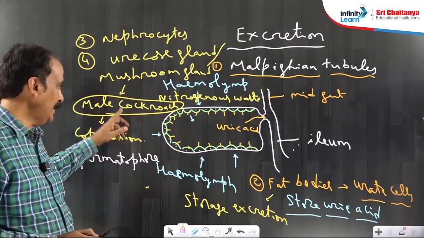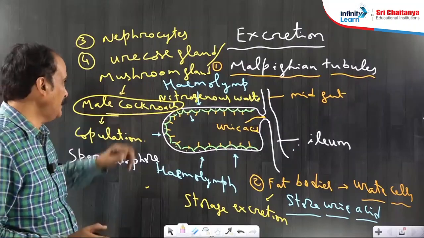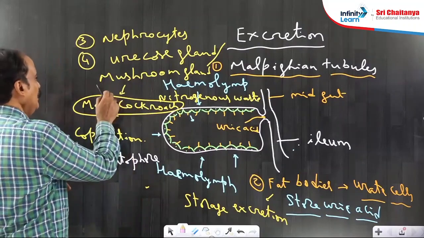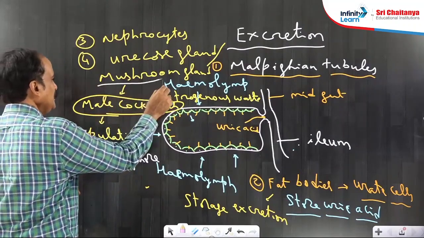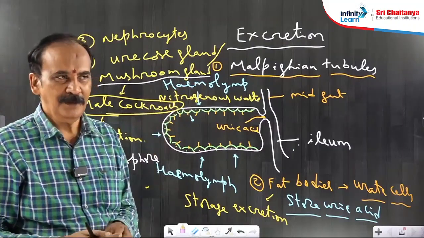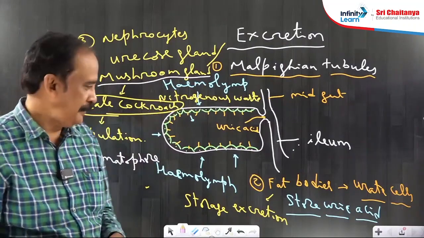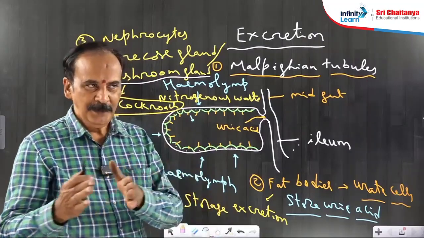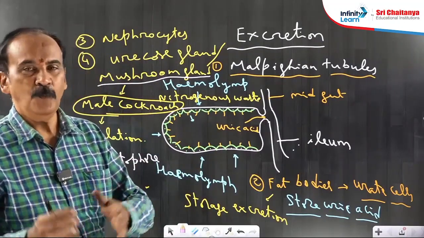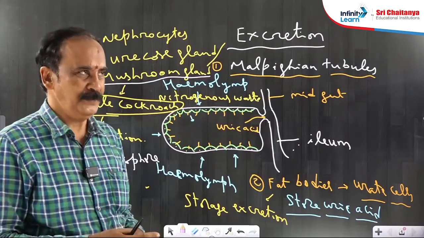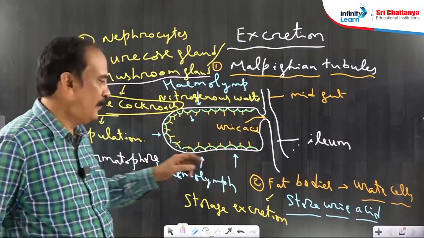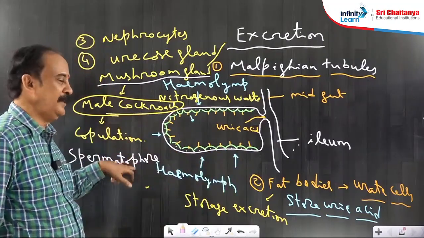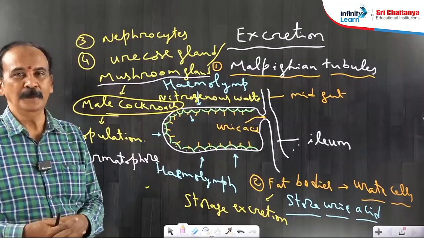So, in that case can be called the excretion by uricose gland or mushroom gland as storage. Can we call this as storage excretion just like fat body, or we cannot call it? We can call it as storage excretion from one population to another population, right? But at the time of copulation, it is releasing that waste material, it is not there in the body permanently.